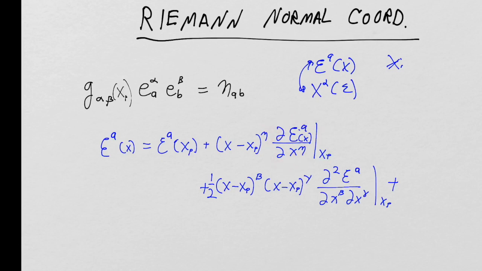Because these guys here are these guys here by definition, right? In other words, E alpha A is defined as partial psi A, well, it's the other way around, right? E A alpha is partial psi A partial x alpha.